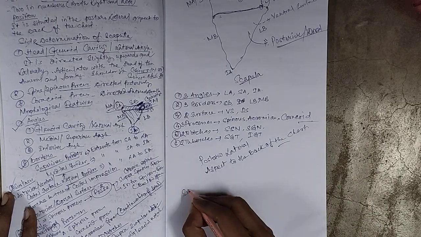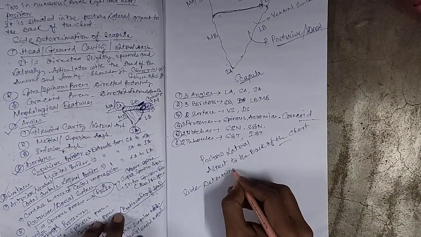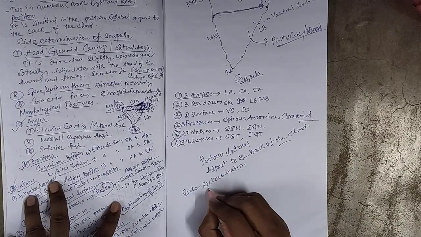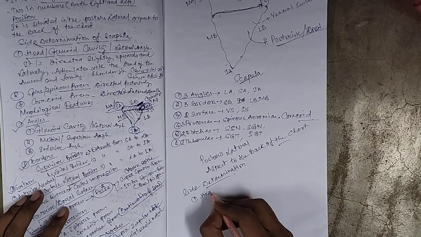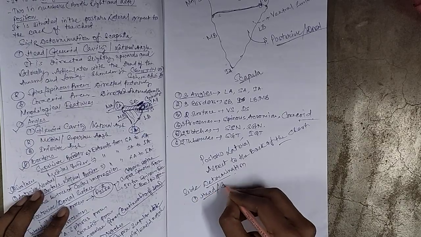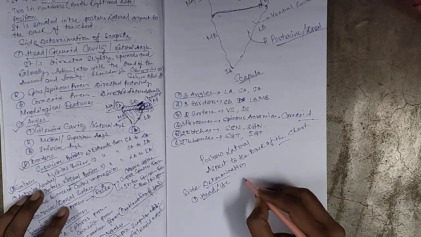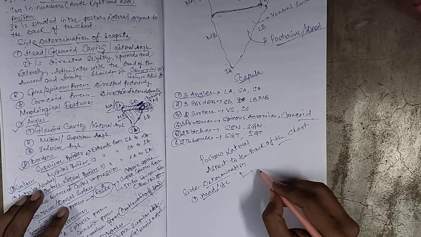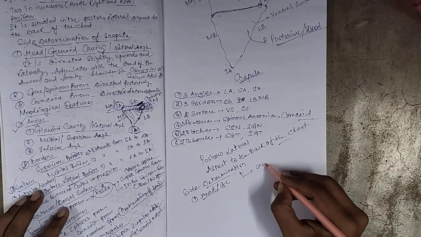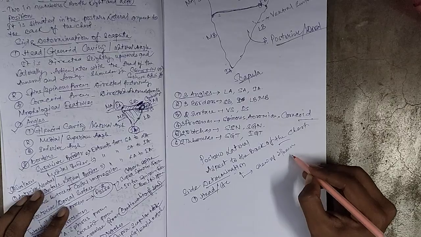Then we have discussed the side determination part. In the side determination, the first point was the head or glenoid cavity. The glenoid cavity is directed slightly upwards and laterally, and it articulates with the head of the humerus, forming the shoulder joint.